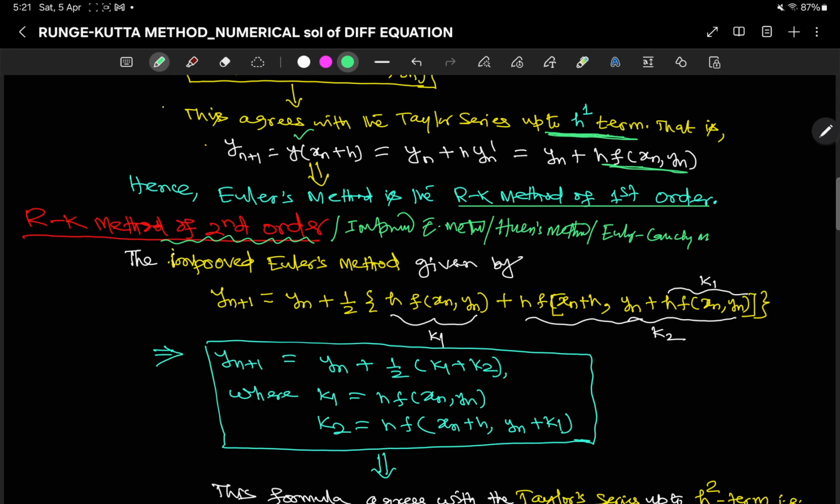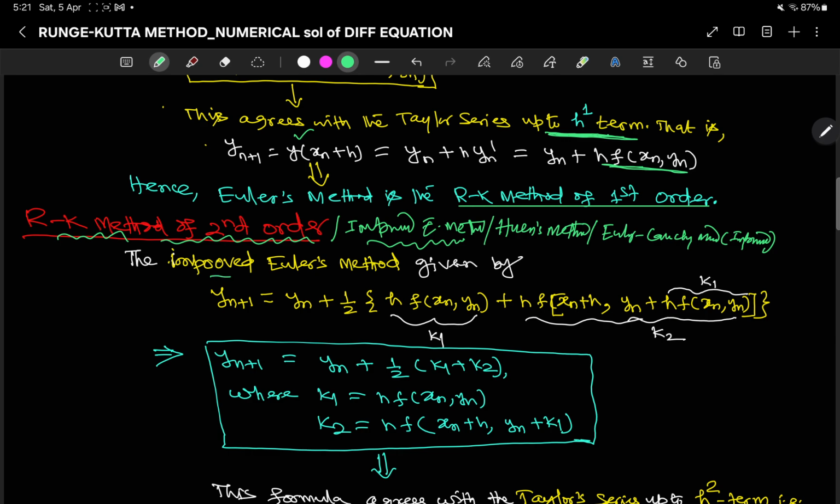Cauchy method, we can say improved version. So this improved Euler method is the same as the RK method of order 2. Already have discussed it in my previous lecture.